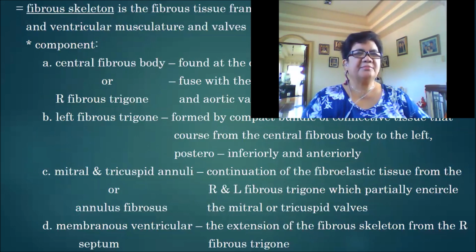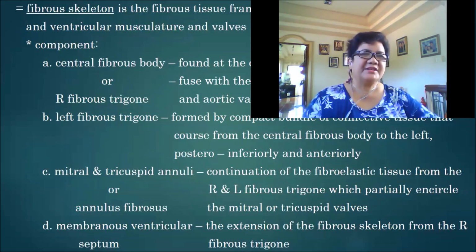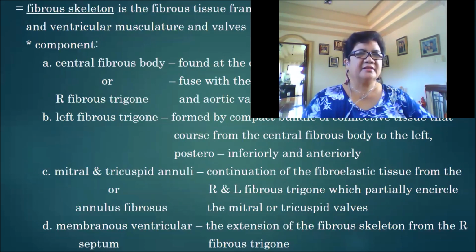The heart, much as it is a muscular structure, has a fibrous tissue that will serve as a skeleton for the heart. So there are four components of this fibroskeleton. You have the central fibrous body, the left fibrous trigone, the mitral and tricuspid annuli or annulus fibrosus, and the membranous ventricular septum.